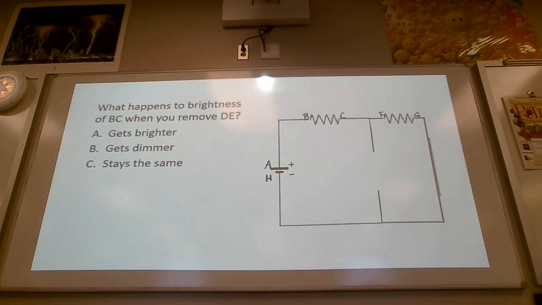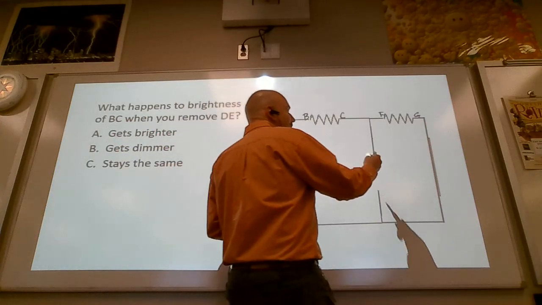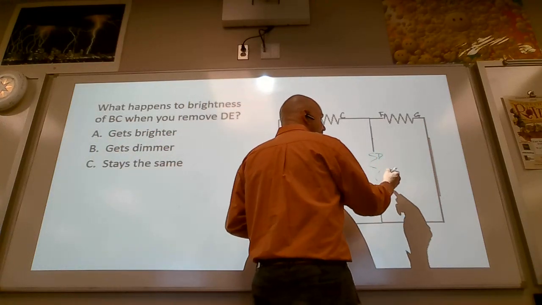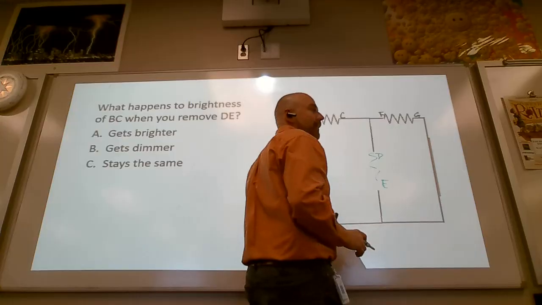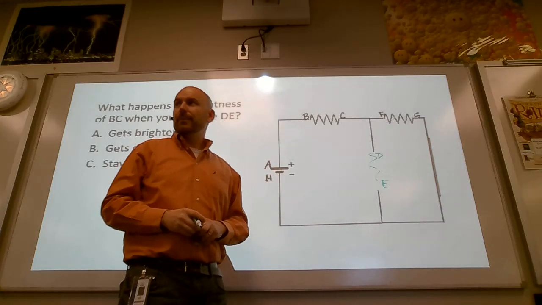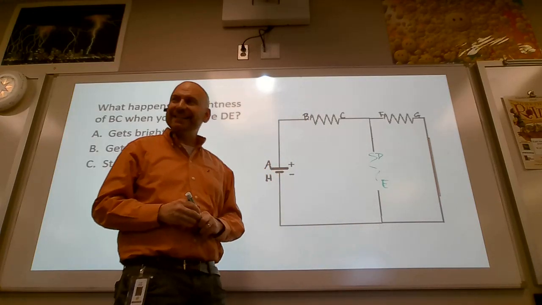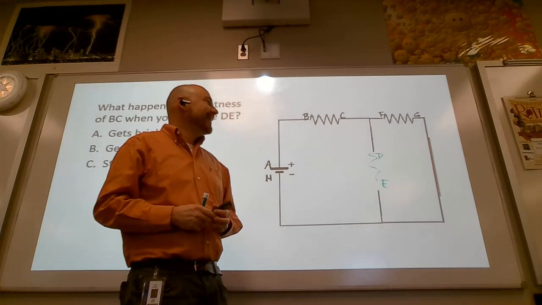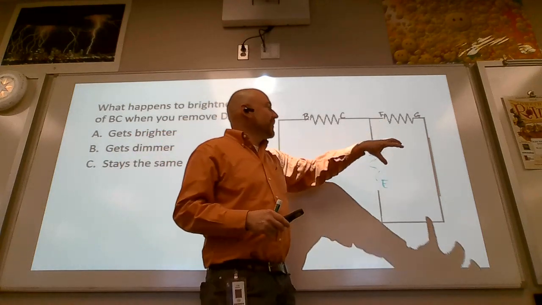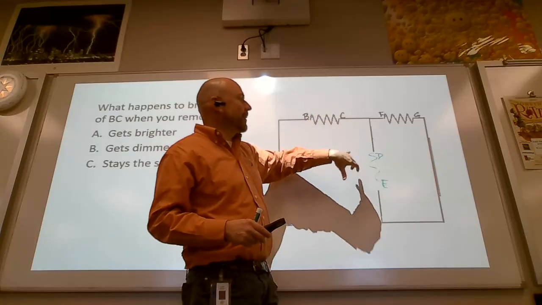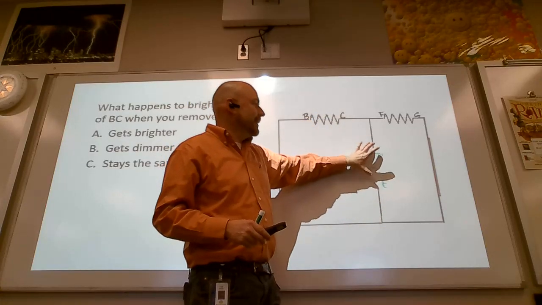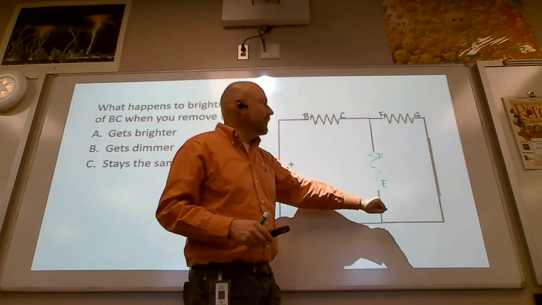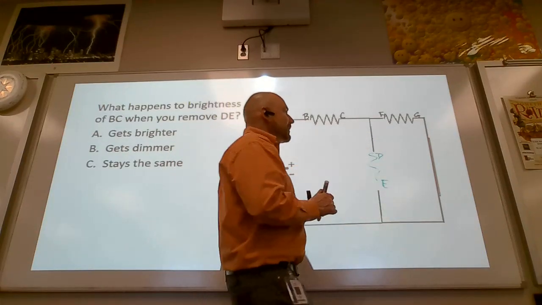Correct answer is, it does get dimmer. Okay, so DE and FG are in parallel. Oh, good catch. Nice. BC will get dimmer because when we get rid of DE, that increases.